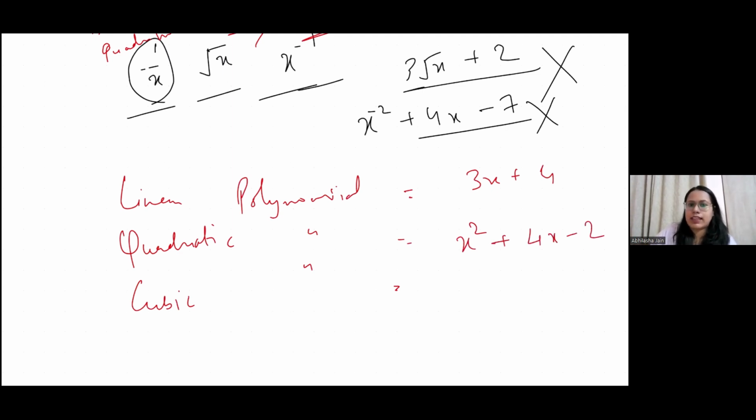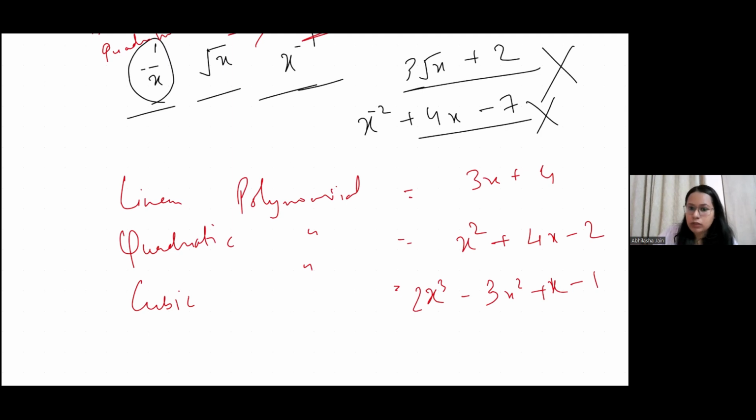And cubic has highest power as 3. So these are the different types of polynomials. Does that make sense? Good.